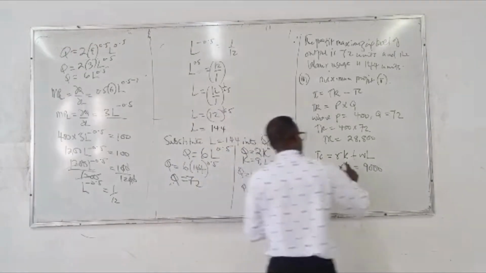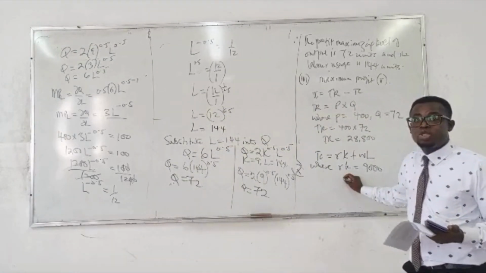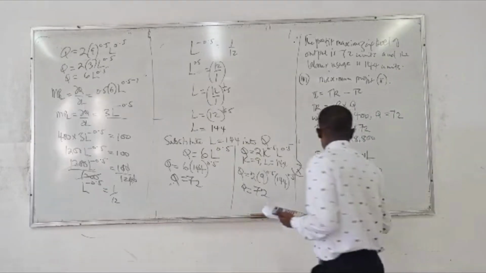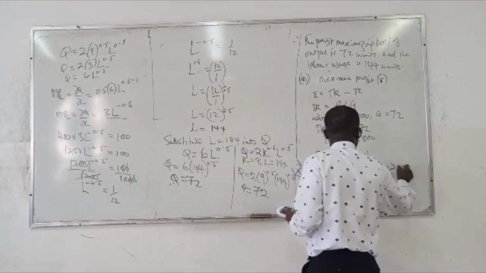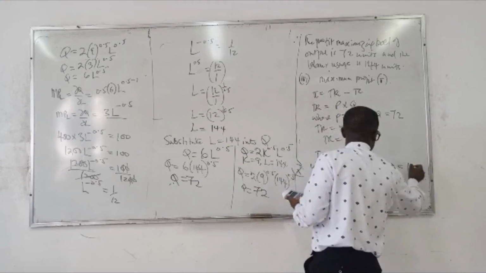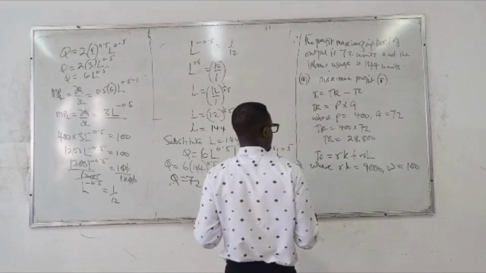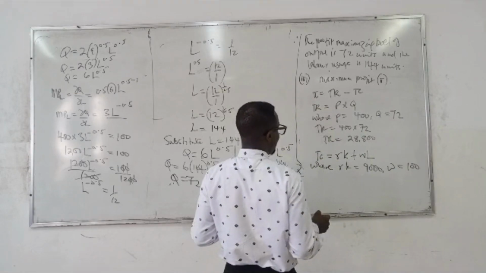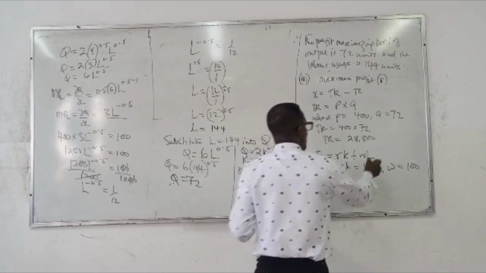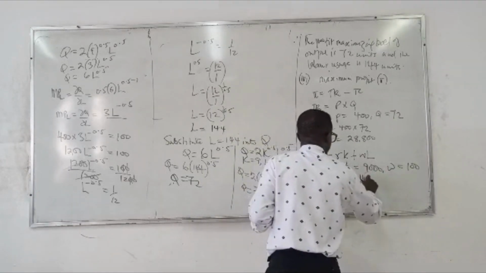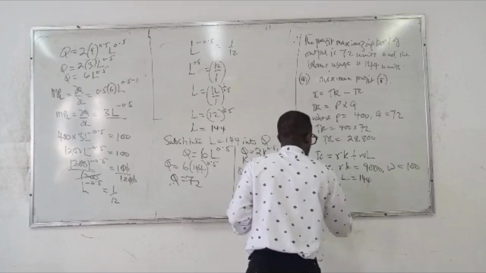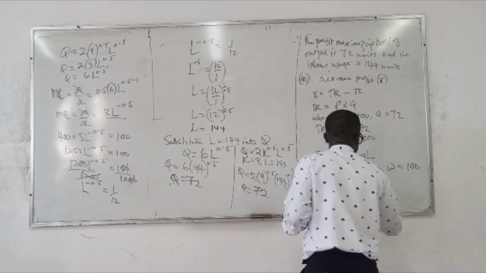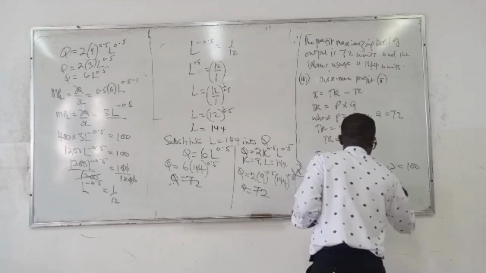Now, RK is the total cost of capital. Total amount spent on capital was what? 9,000. Then we will go for W to be what? Wage was paid at 100. We good. Wage was paid at 100. And then we know our labor unit to be what? 144. So total cost will be equal to 9,000 plus what is the wage? 100 times what? 144.